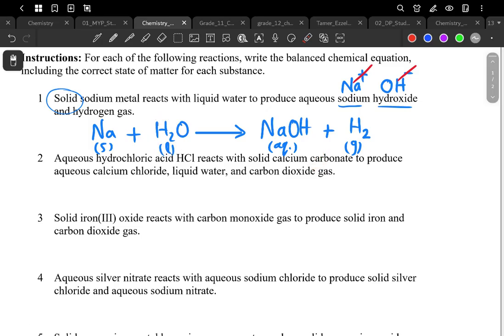So what we should do is balance this. This is an even number and this side has an odd number. If you have this situation, just change the odd number into an even number, which means if I add a coefficient of 2 here, now the number of hydrogen becomes 4: 2 hydrogens here plus 2 hydrogens here, so we have 4 hydrogen atoms on this side.